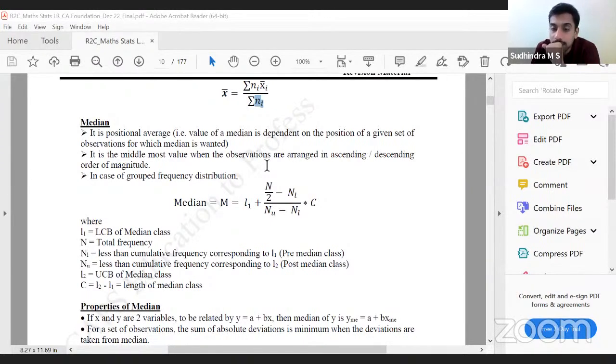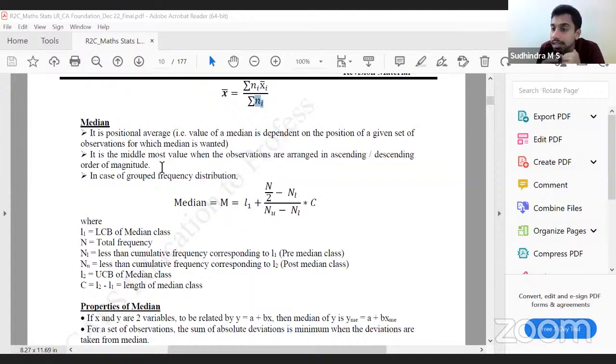If we take absolute deviations of the observations, such deviations are minimum if the deviations are taken from median. If the deviations are taken from median, right? These are the two properties in case of median.